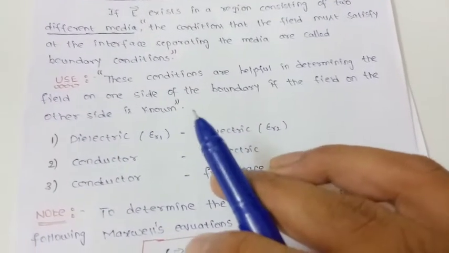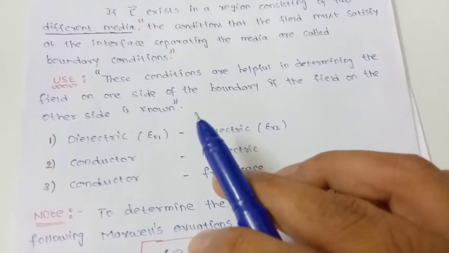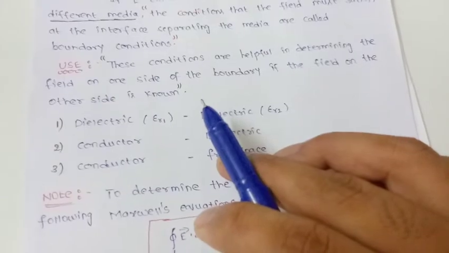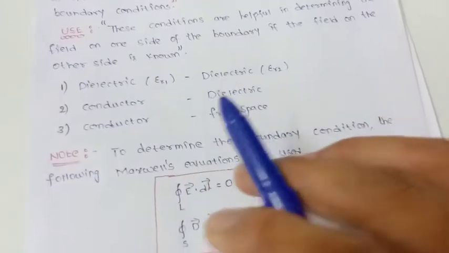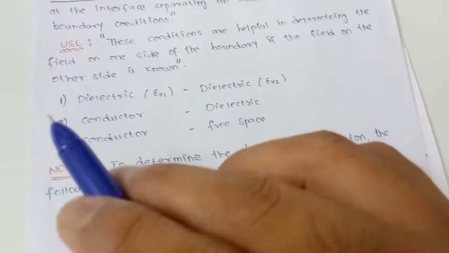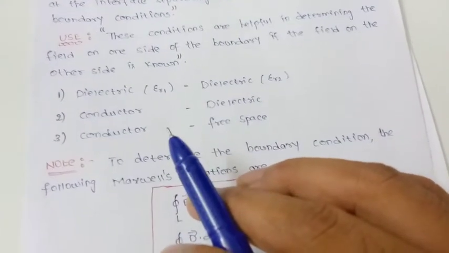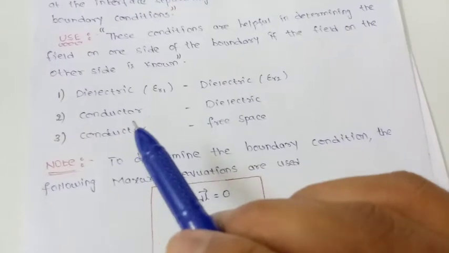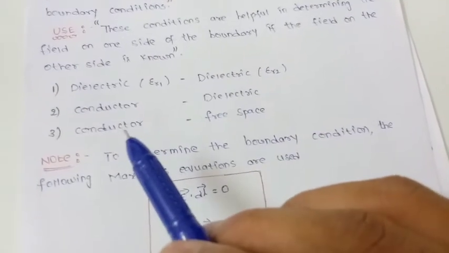That means if we know the electric field on one side of the boundary, we can easily determine the electric field on the other side. Now there are three types of interfaces we have: dielectric to dielectric, conductor to dielectric, conductor to free space.